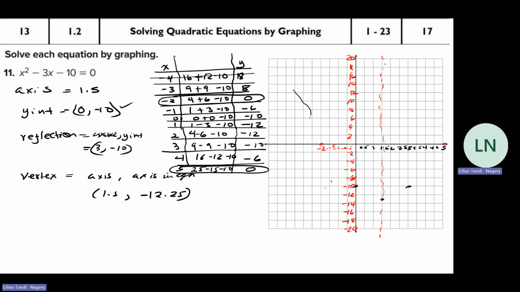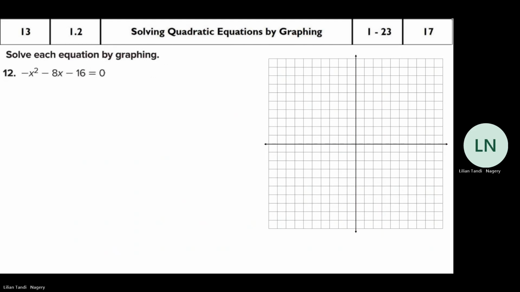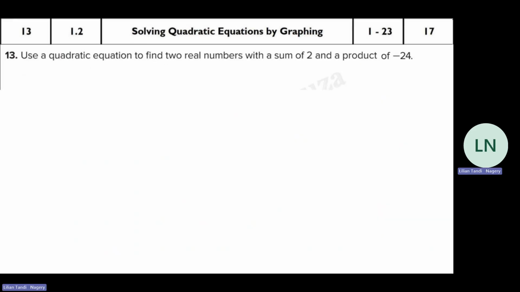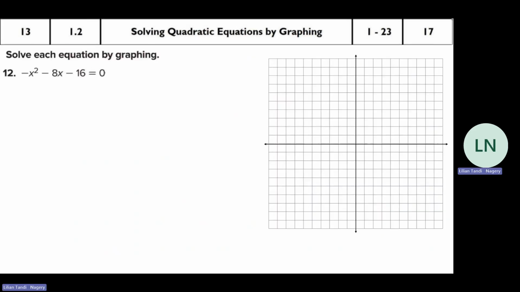Your graph is there. And you know you're correct because your A is positive, so your graph must be a U.